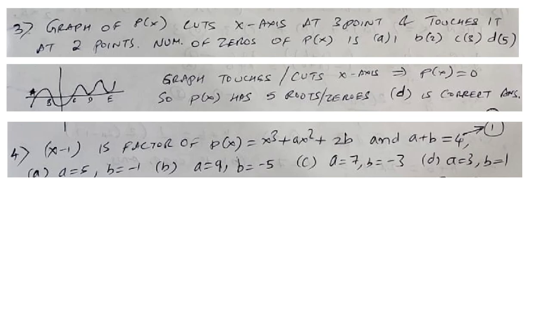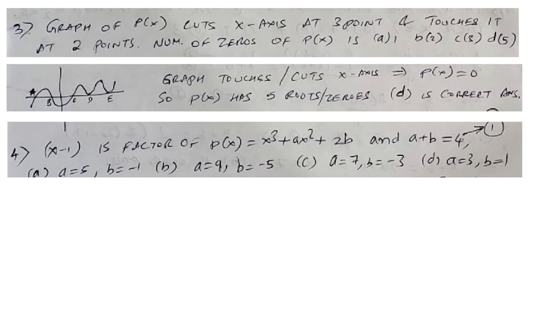x minus 1 is a factor of p of x, which is x cube plus a x squared plus 2b, and a plus b equal to 4. This is given. So they are asking us to find the values of a comma b. They are saying x minus 1 is a factor of p of x. Remember, if x minus 1 is a factor of p of x, then 1 is a root.